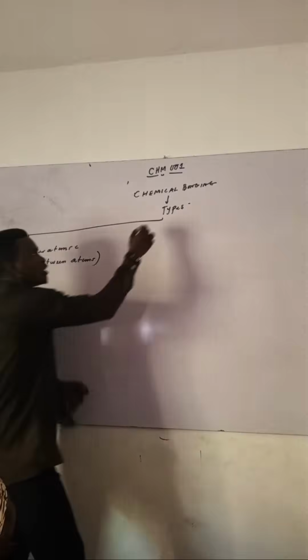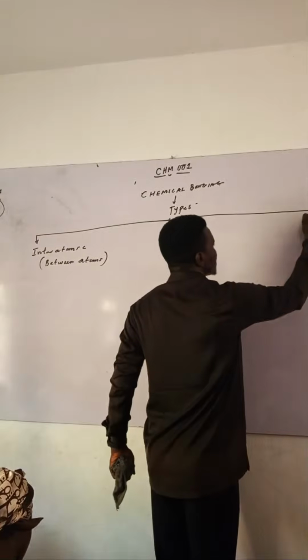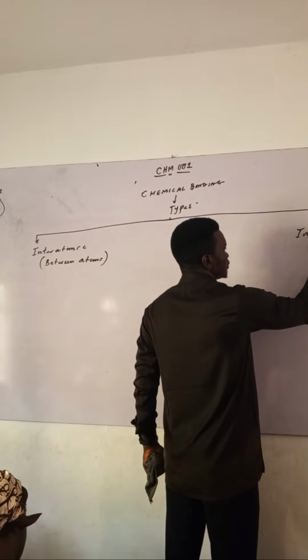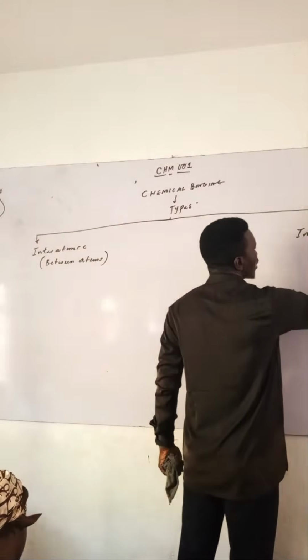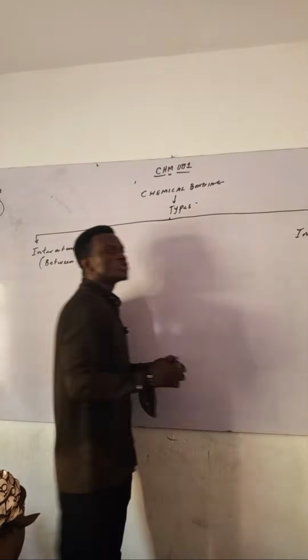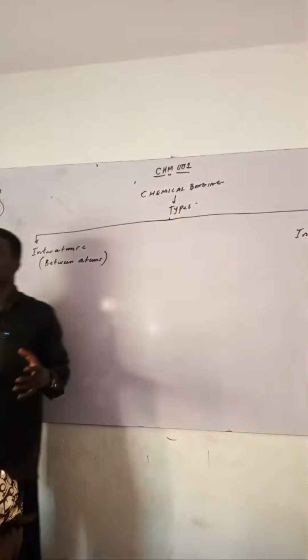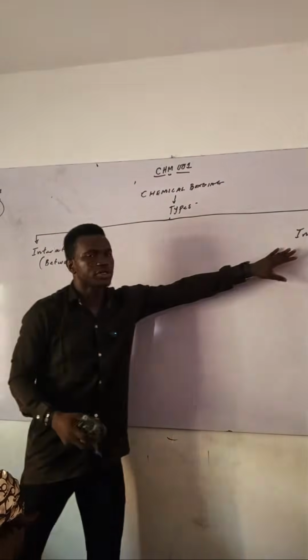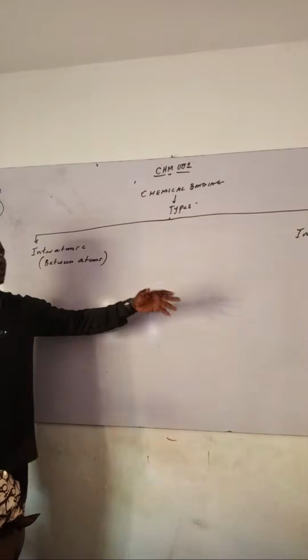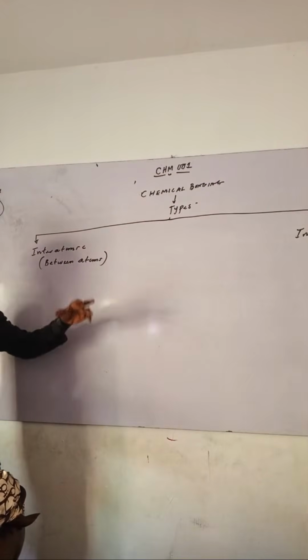When you join one atom to another atom, then we call it interatomic. Is that taken? Then we have what we call intermolecular forces. And you could have guessed where that comes from. When you join molecules together, for now we might not spend energy on this. You talk about it in organic chemistry, but I will introduce you to it.